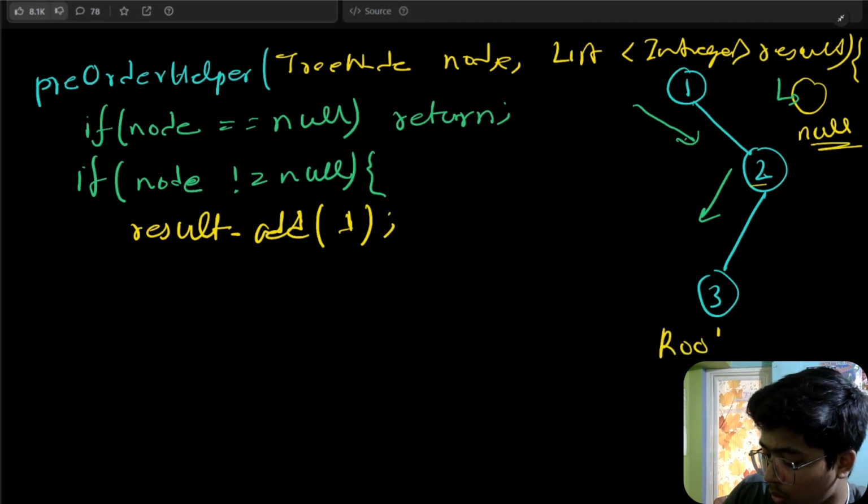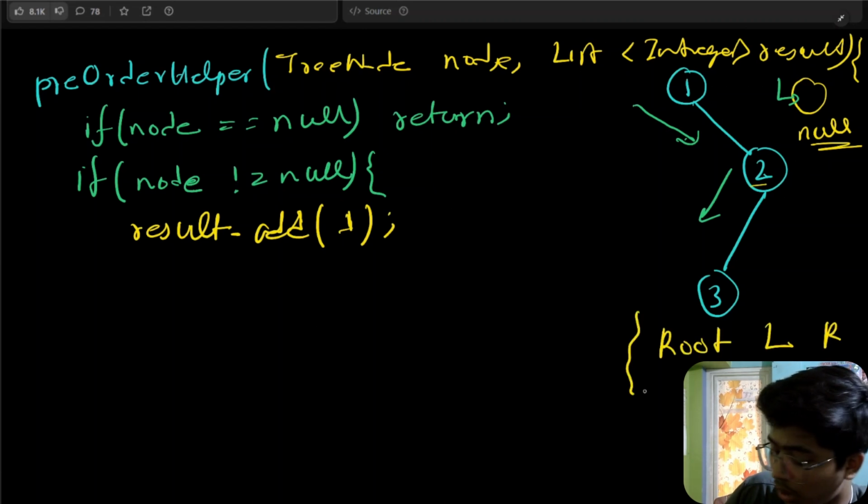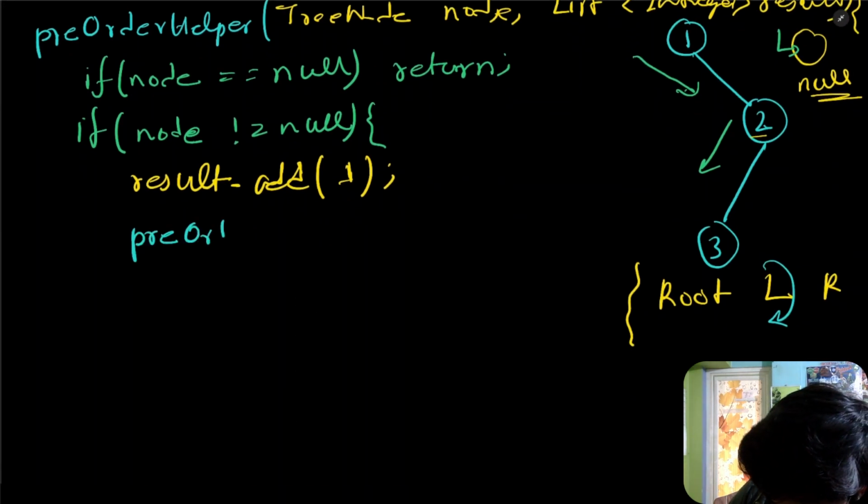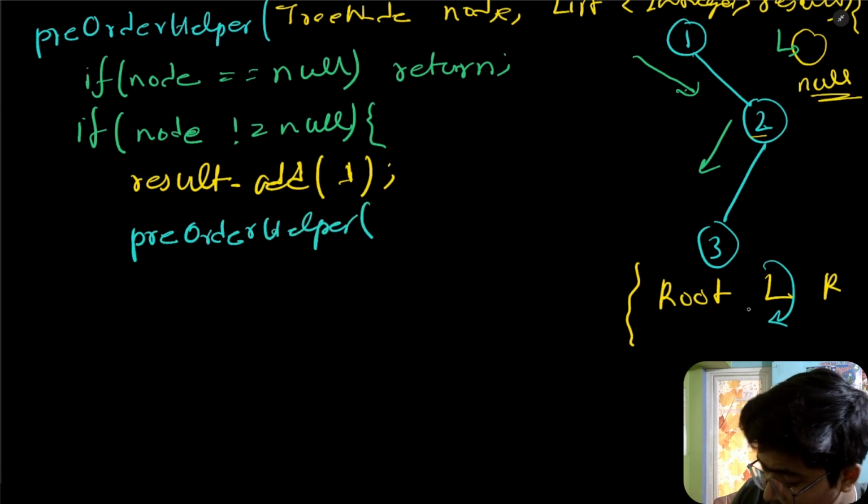After we process the root, we have to work with the left portion, and then we have to work with the right portion. So now we have to visit the left one by one. We have to keep visiting this left one in recursion fashion. So let's apply the recursion function. Pre-order helper, and now this node.